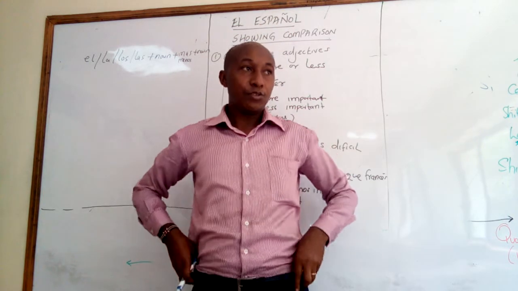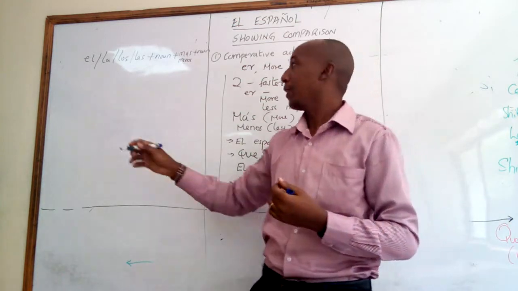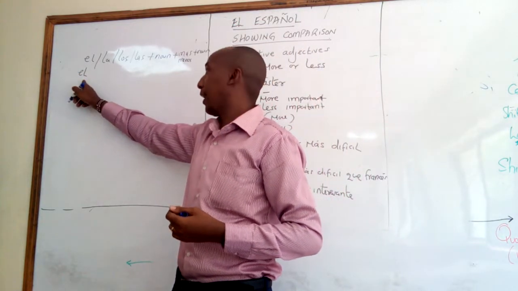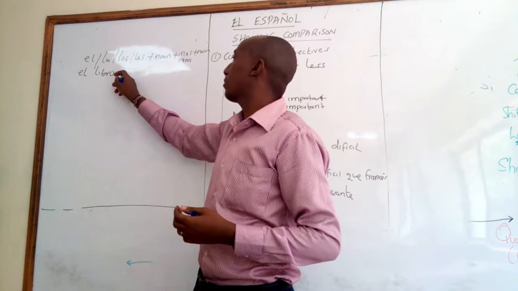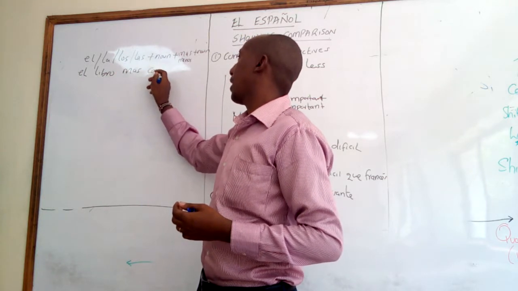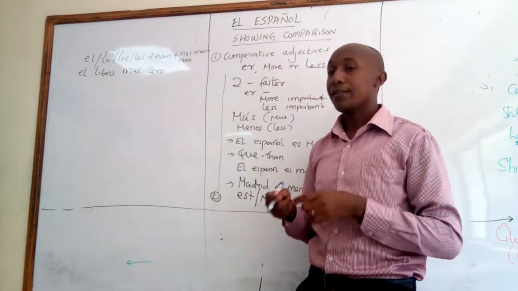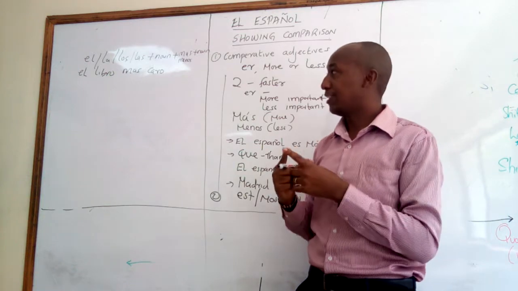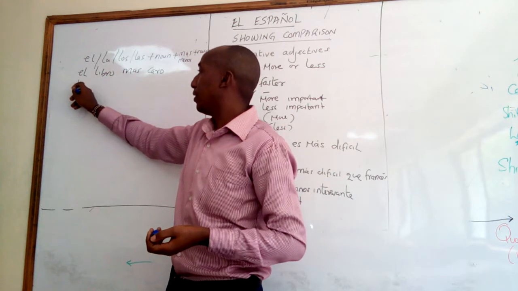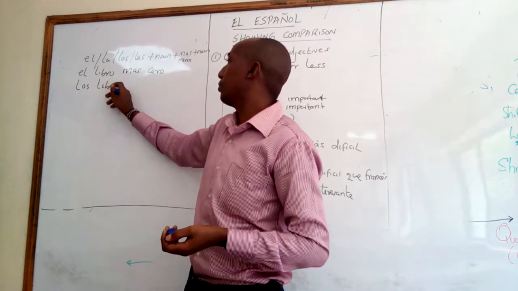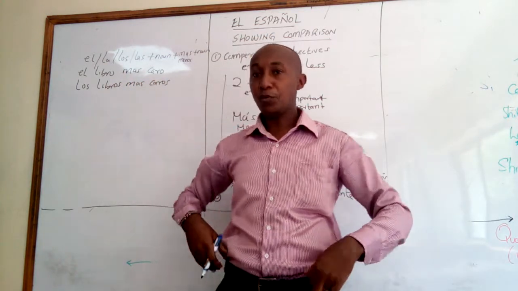For example, let's talk about a book, which is libro. We've seen the meaning of book is libro before. The libro is masculine, so I use el, then I write my libro. Then I can choose más caro. In this case, we're comparing more than two things. So when I say el libro más caro, the most expensive book. Remember, it's more than one book. Then you can also choose the plural, which is los libros más caros, the most expensive books.